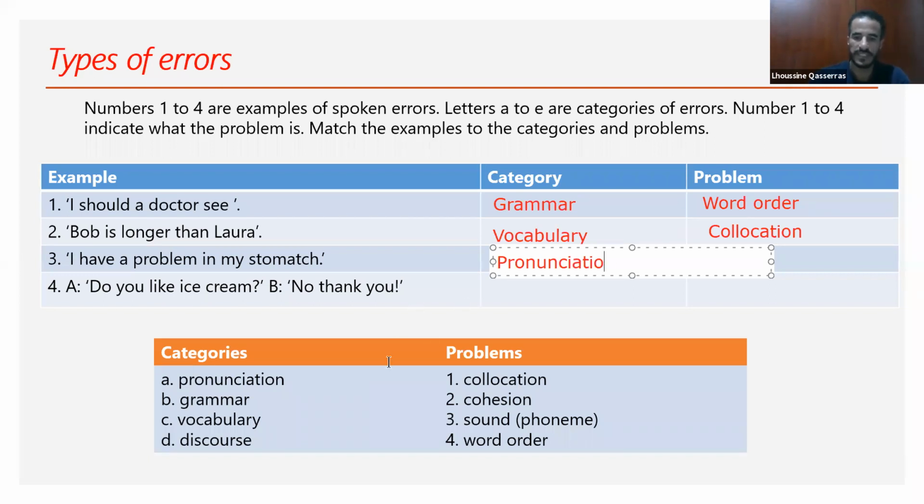And what's the problem? The majority said sound. Great, I agree. The last one is, do you like ice cream? B, no, thank you. So what's this? It is a discourse. Great. So discourse. And the problem is, yes, cohesion. Great, it's cohesion.